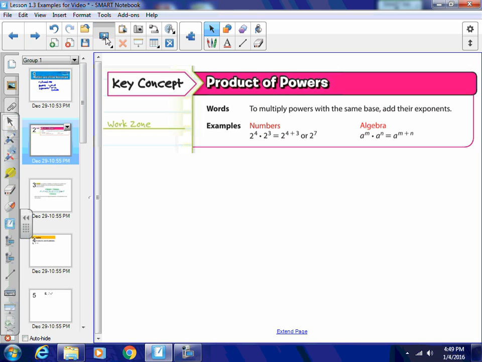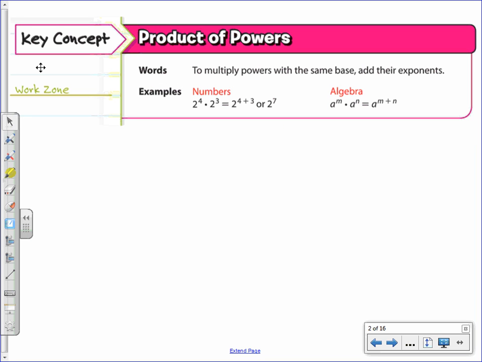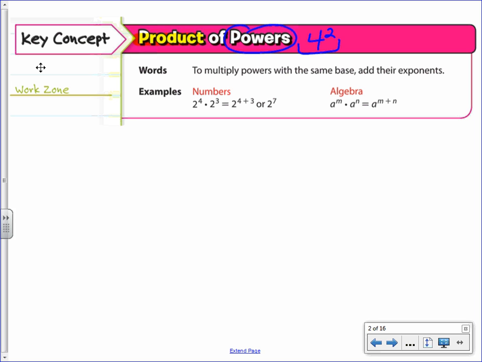Today's lesson says key concept, product of powers. Product means multiply. Power is what we talked about the other day. A power is a base and its exponent together. So we are going to multiply powers together. It says to multiply powers with the same base, we add their exponents.